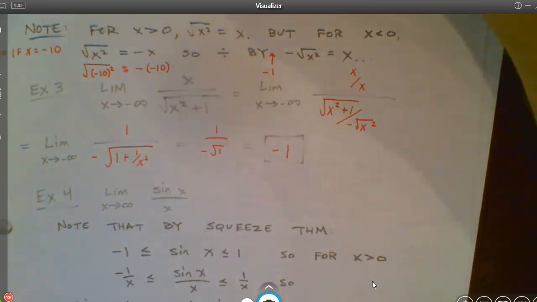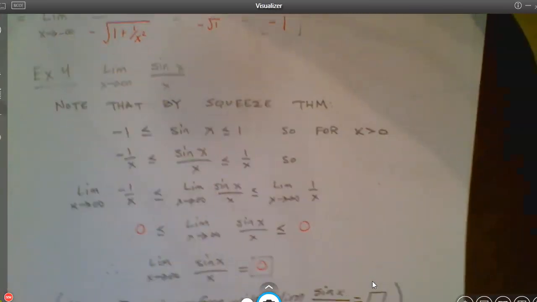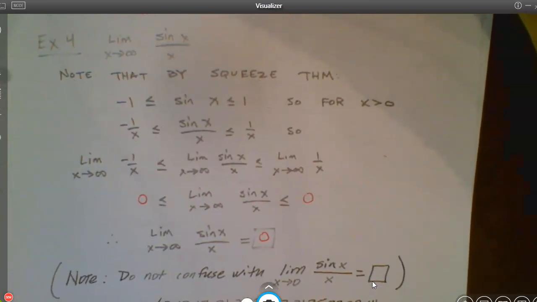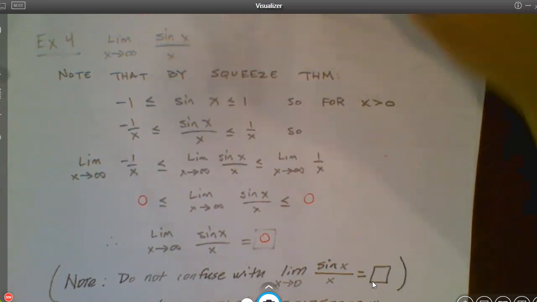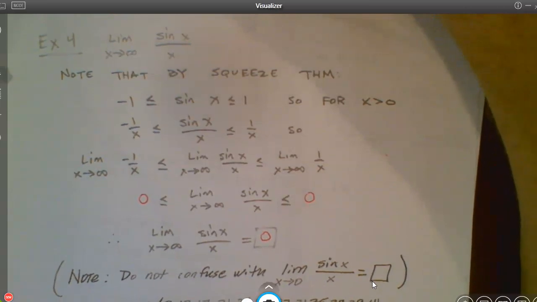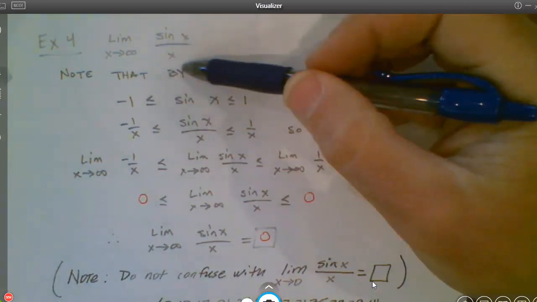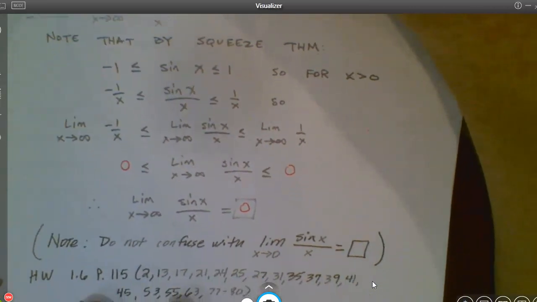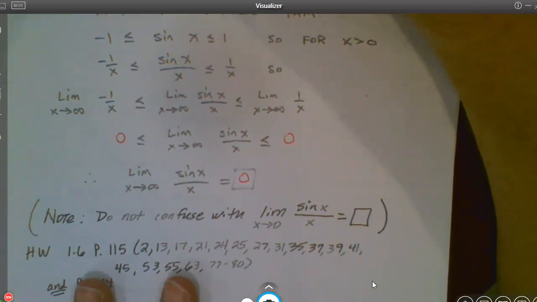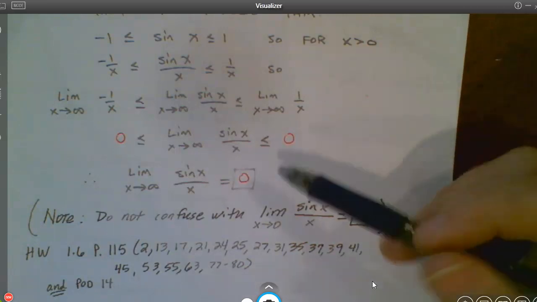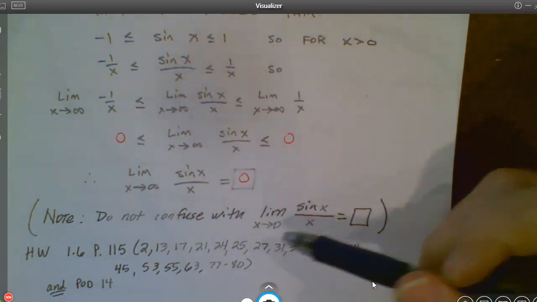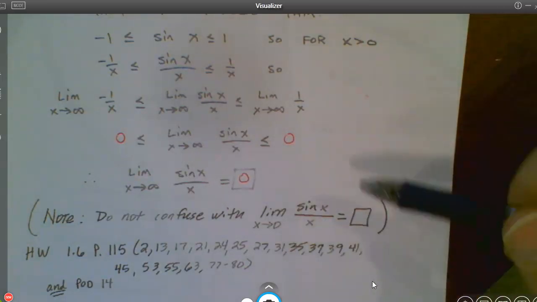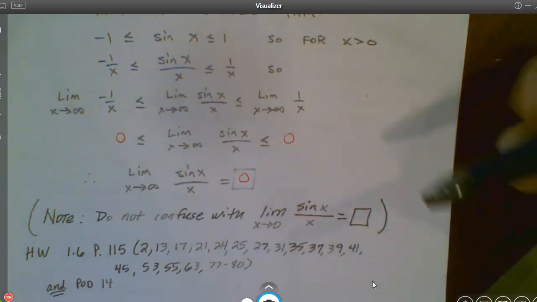And then the last thing we got to take a look at here is the limit as x approaches infinity. I wanted you to see this one because I didn't want you to confuse the limit of sine of x over x that you've seen before. The one that we saw with sine x over x before, and this is what you got to be really careful on, was when x is approaching 0, right?